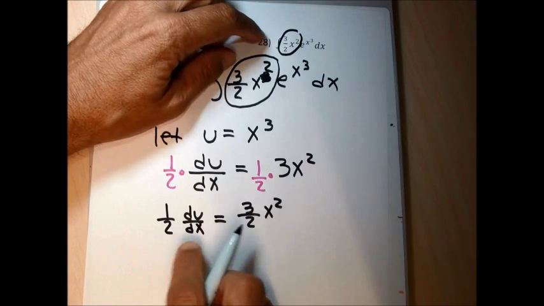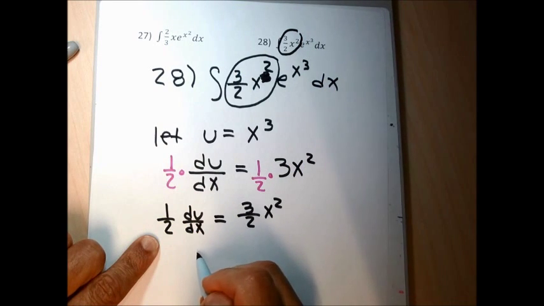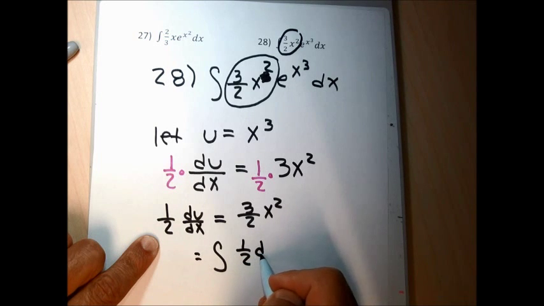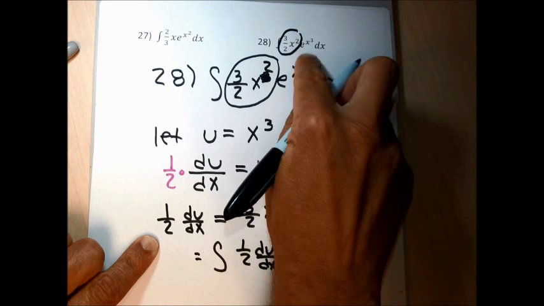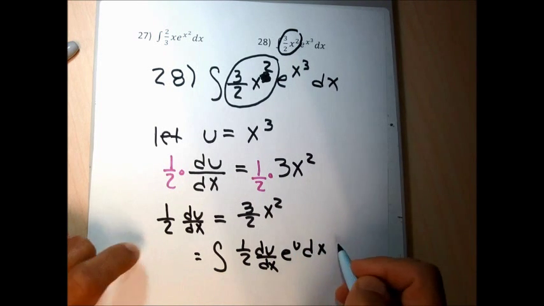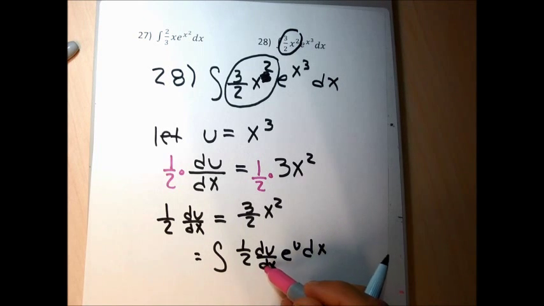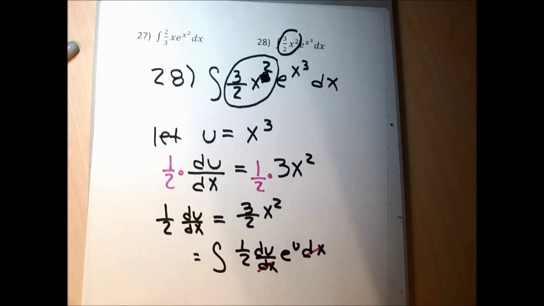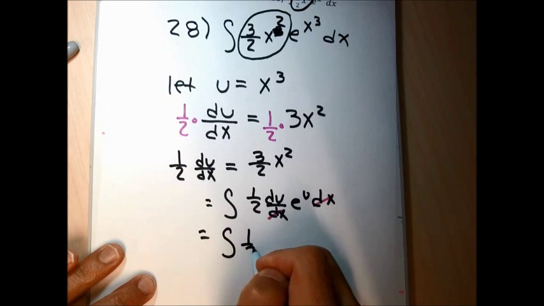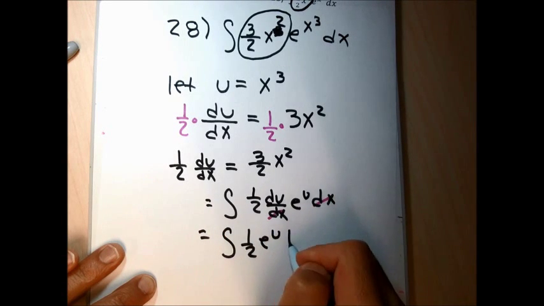For that right there, I'm going to write 1/2 du dx. And then for e to the x cubed, it's going to be e to the u. And then I have the dx that I'm going to cancel out. I'm going to write the du last. So this is the integral of 1/2 e to the u du.